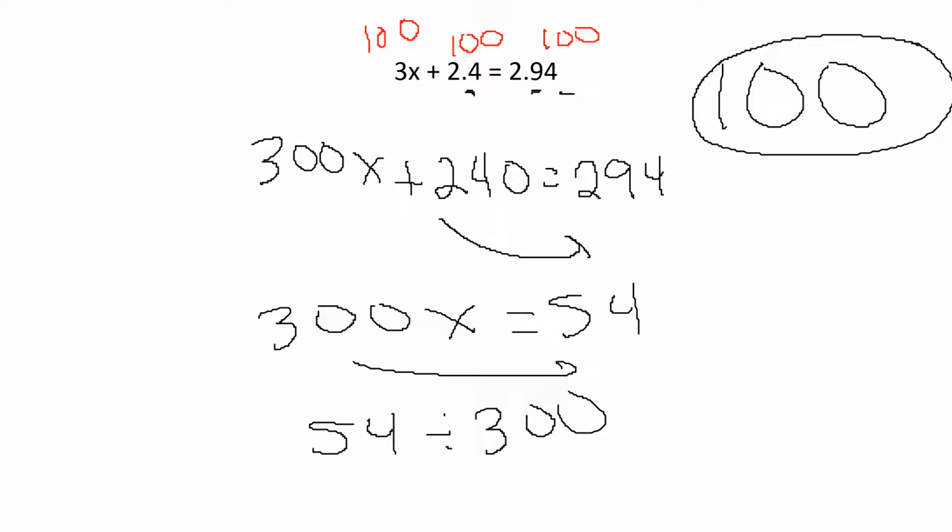But because this is a problem given in decimal form, we are going to put our answer in decimal form. And this gives me x equals, I think it's 0.18. Let me check. Yes, 0.18. So that's how this textbook has you do these.